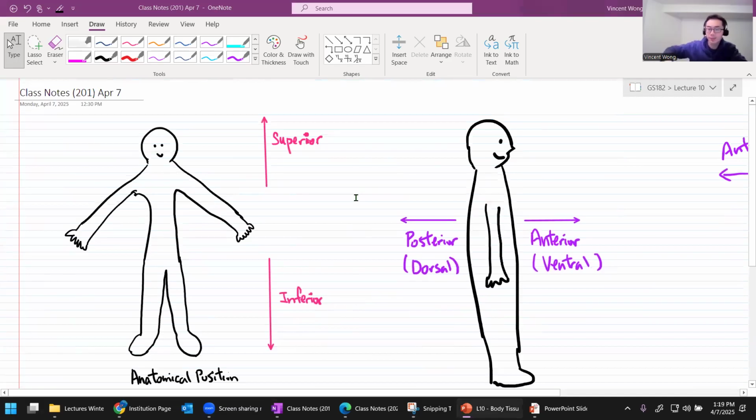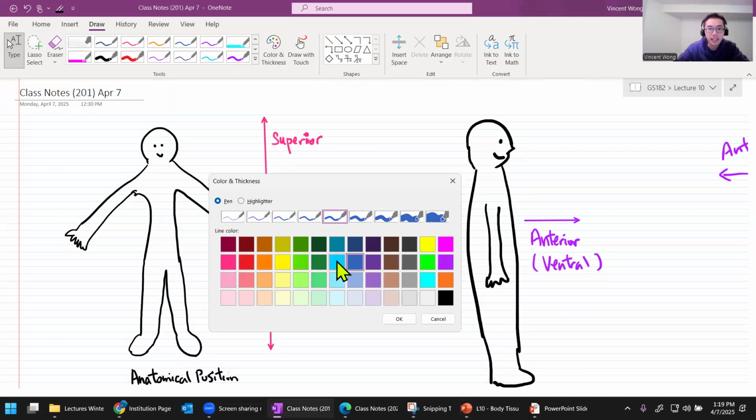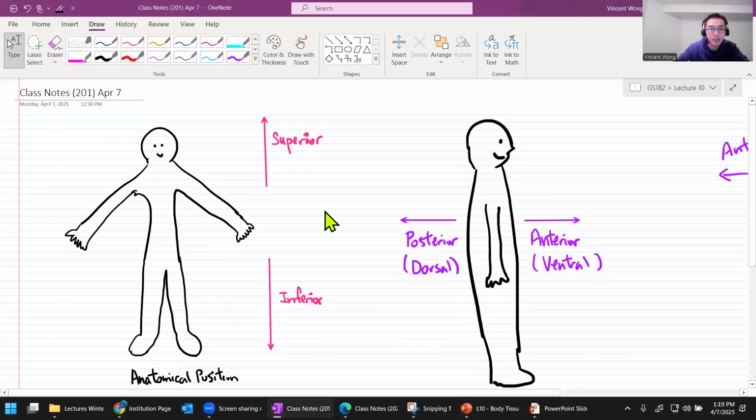Next one is this. If we divide the person into left and right with an imaginary line here, this is called the midline. So things that are farther away from the midline, is it the lateral?